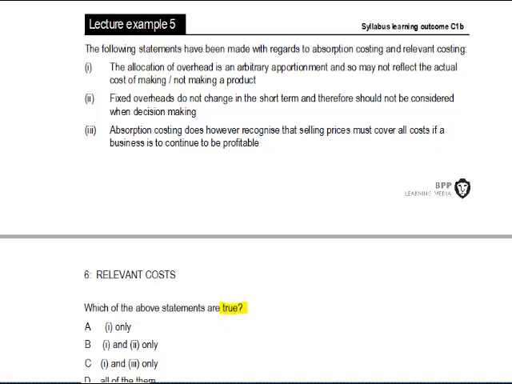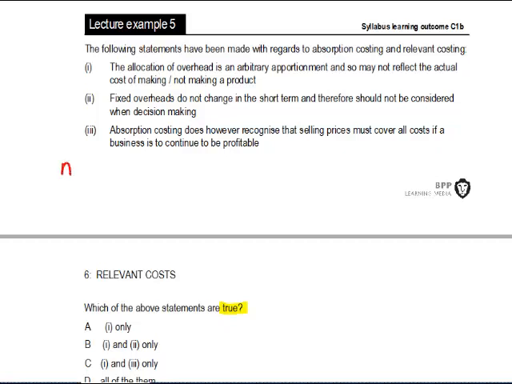The allocation of overhead is an arbitrary apportionment, and so may not reflect the actual cost of making or not making a product. Remember that one of the reasons that we actually do overhead apportionment is to get to the cost of making a product, but if you think back to the stages that are involved, we've actually got a number of stages where we make estimates.